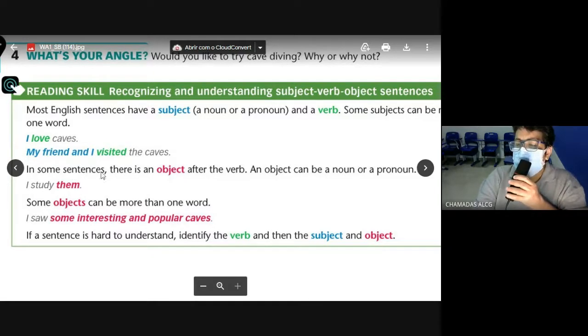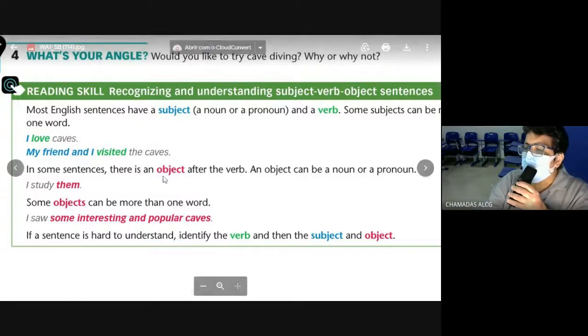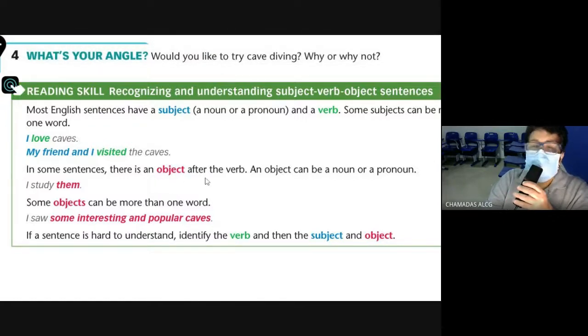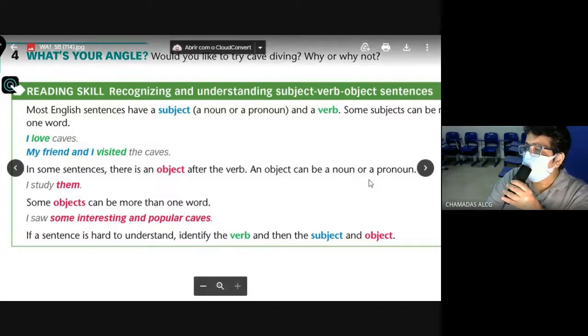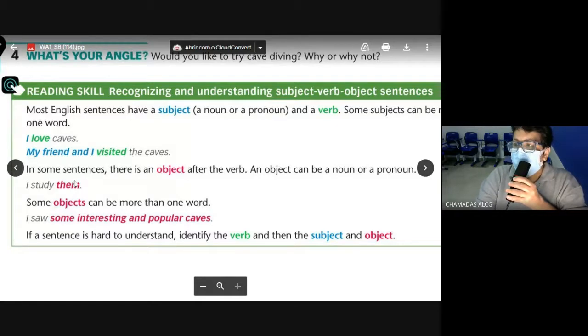Now, in some sentences, there is an object after the verb. An object can be a noun or a pronoun. Example, I study them. The object is in red.